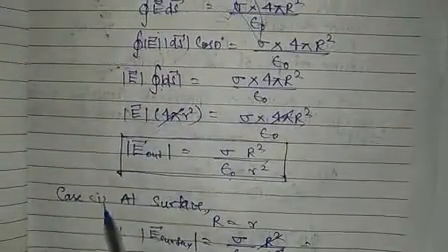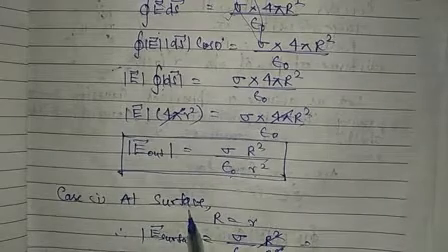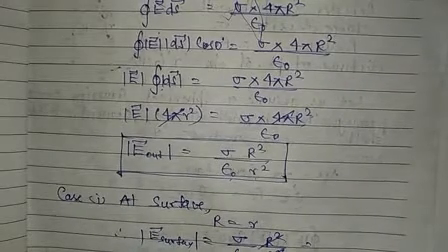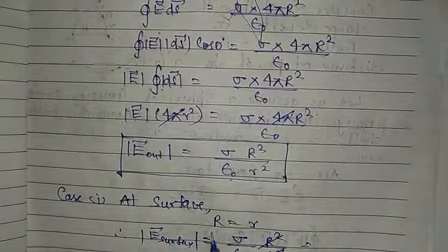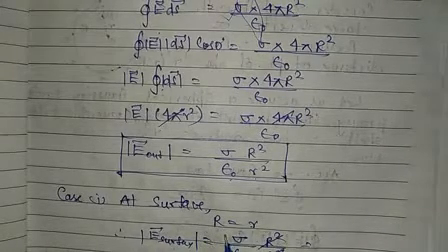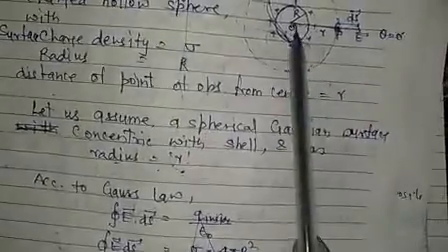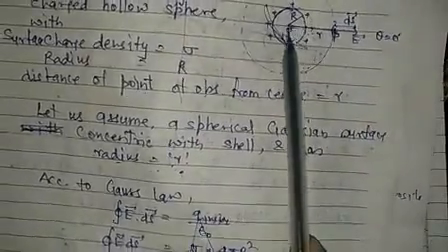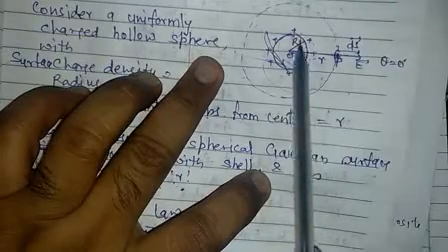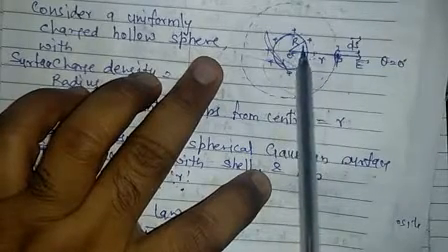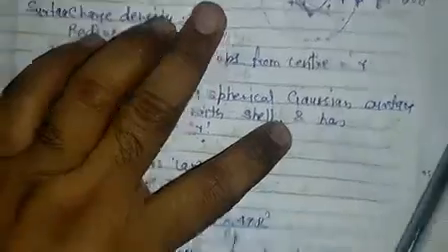So for case 1, at the surface, if we talk about the electric field at the surface of the sphere, then the distance of the point of observation from the center will coincide with the radius of the sphere if our point of observation lies at the surface of the sphere.